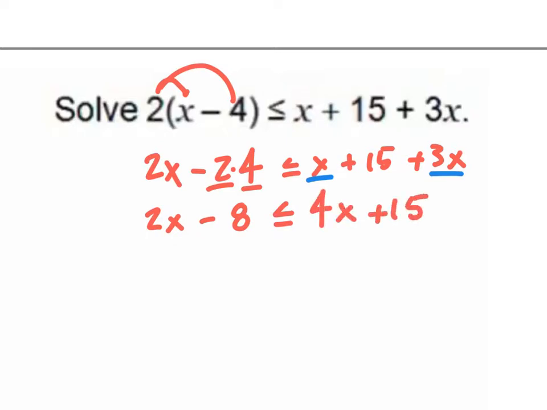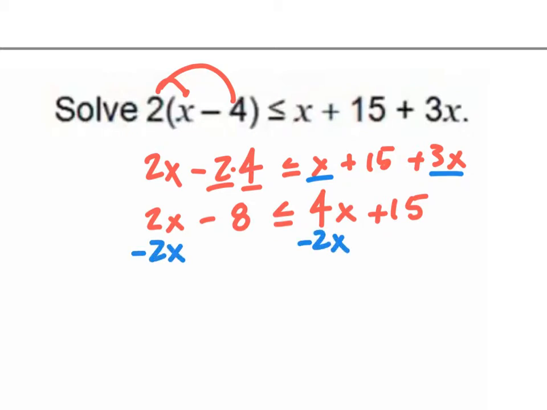Now, what I'm going to do, and you can solve this a number of ways, is try and keep the coefficient in front of my x positive. Because 2x is a smaller number than 4, I'm going to subtract 2x from both sides.